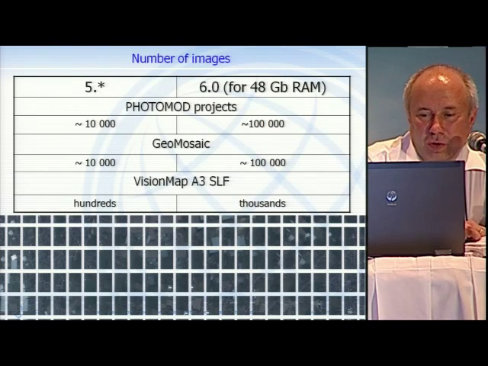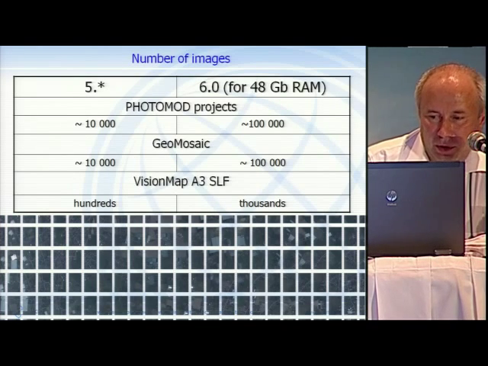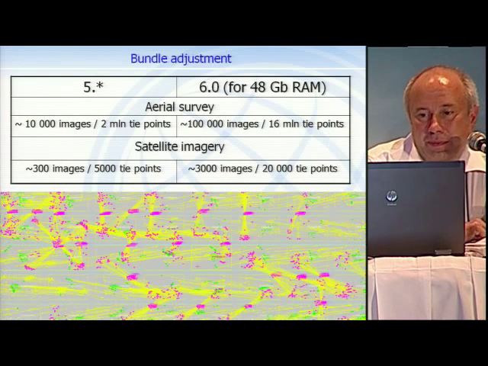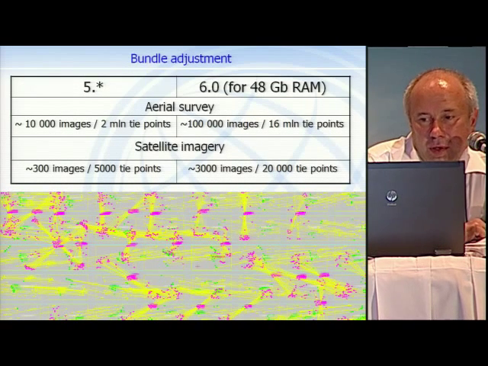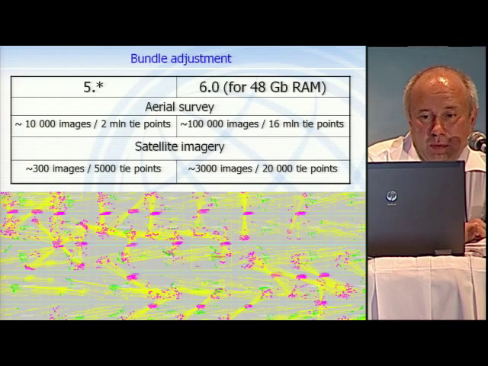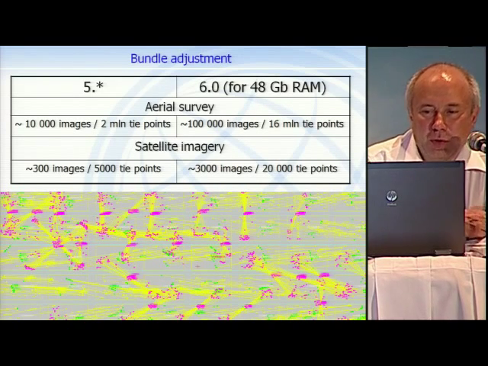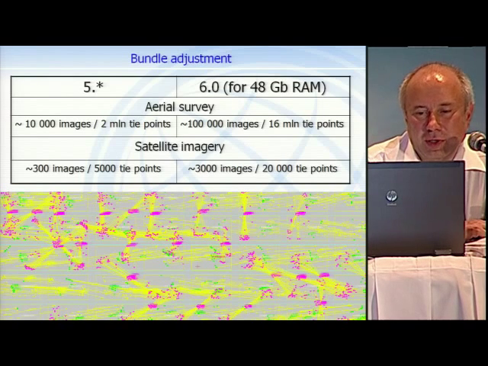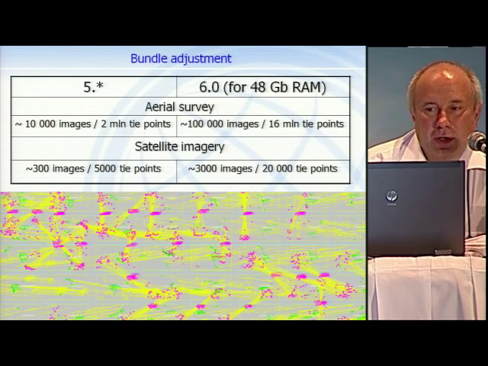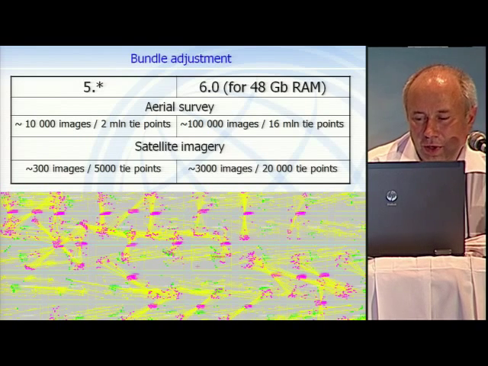PHOTOMOD projects up to 100,000, GeoMosaic 100,000. Bundle adjustment, it's basically the same. Previously you could do 10,000 images, now it's 100,000 images for aerial survey and satellite imagery.